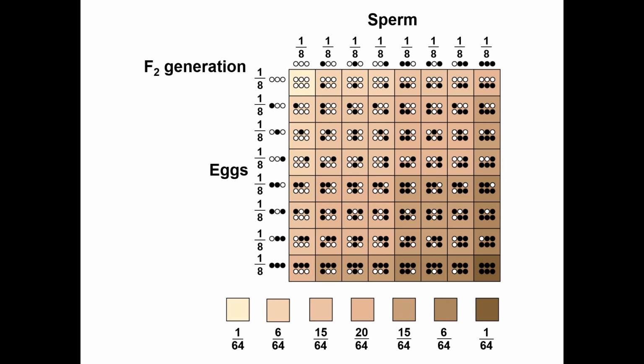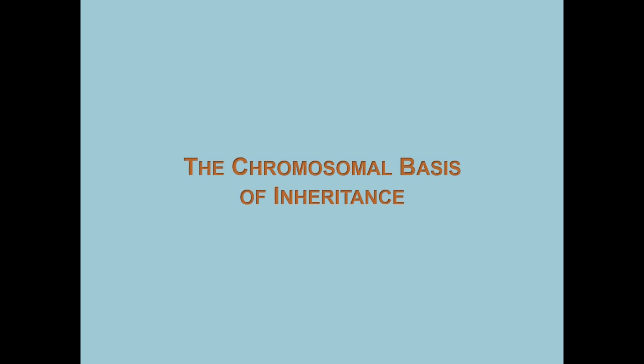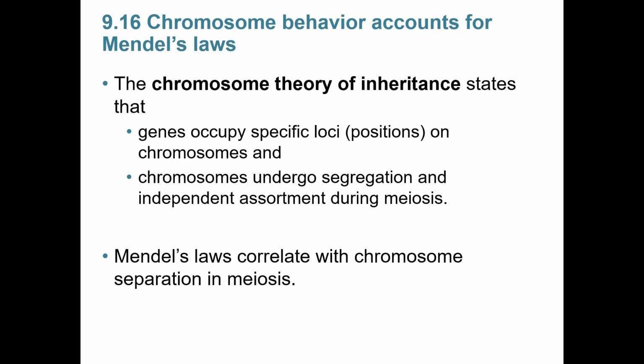Alright, so now we're going to tie all of this back to the idea of chromosomal inheritance. So the chromosome theory of inheritance states the following things: that genes occupy specific loci or physical positions on chromosomes, and that chromosomes undergo segregation and independent assortment during meiosis. Mendel's laws correlate with chromosome separation in meiosis, and we've already talked about meiosis previously in this class.